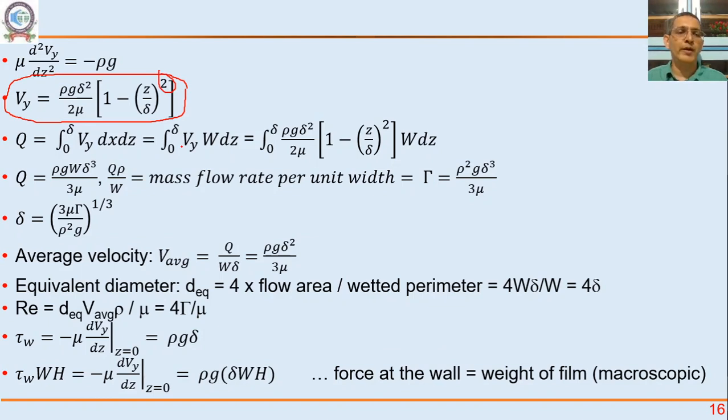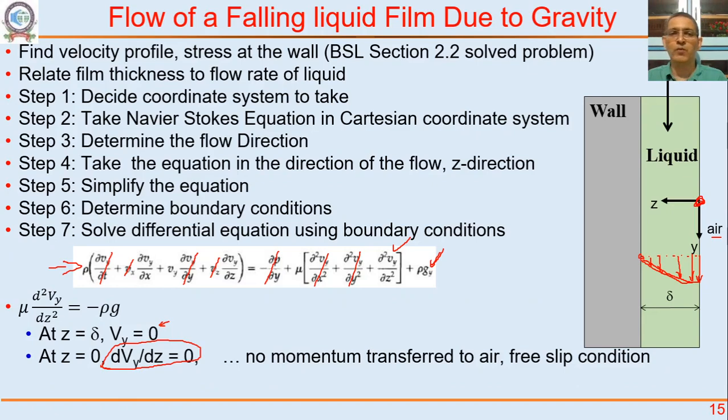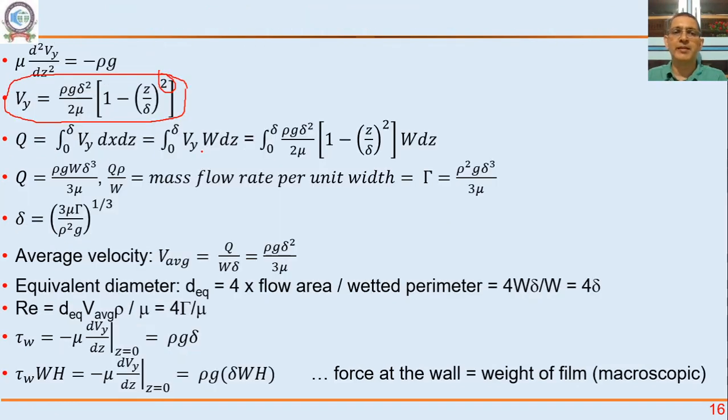Okay. Flow rate. What will be the flow rate? Vy multiplied by area perpendicular to the y axis. So dx dz. And if you want to integrate in x direction, that is nothing but the width of the plate that you have, width of the wall.